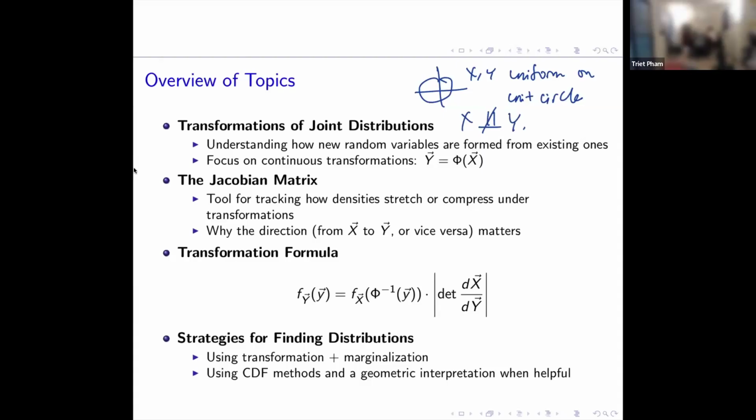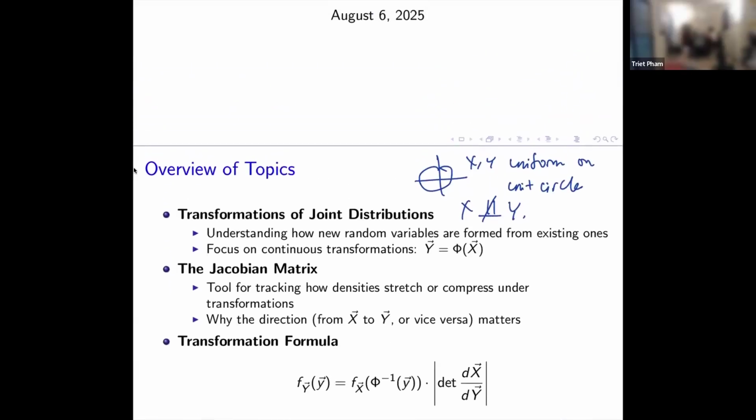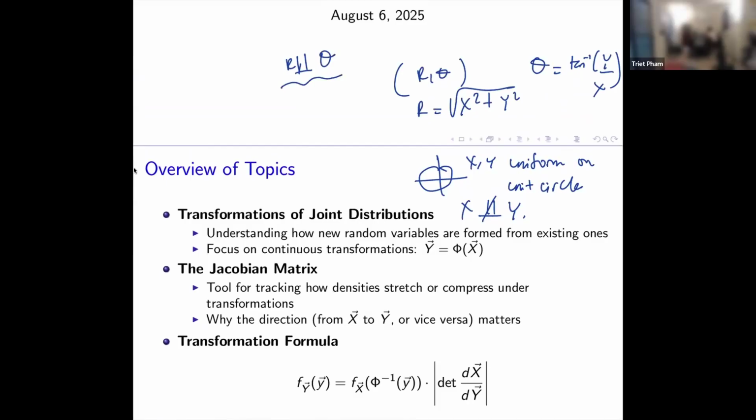But intuitively, if we look at the polar coordinates of this distribution, in other words, the pair r and theta, where r is the square root of x squared plus y squared, and theta is tangent inverse of y over x, then r and theta will be independent. But just out of curiosity, let's see if you understand this.